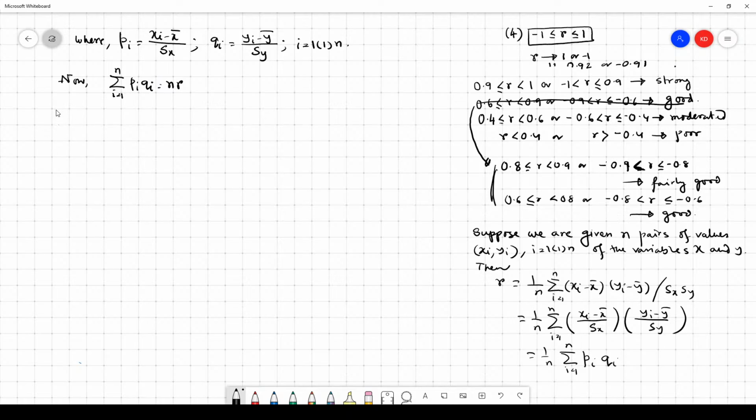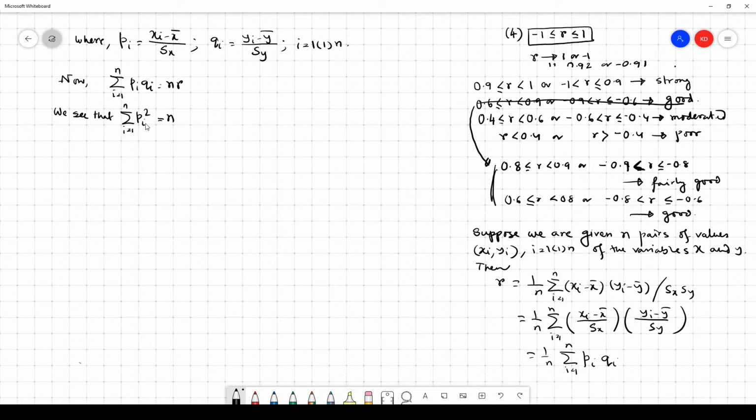You can check that summation pi square is nothing but small n, because summation pi square is the sum over xi minus x bar whole square by Sx square, and the sum over xi minus x bar whole square is n into Sx square.